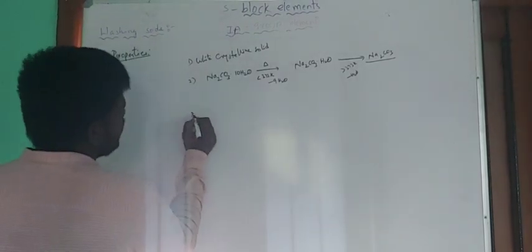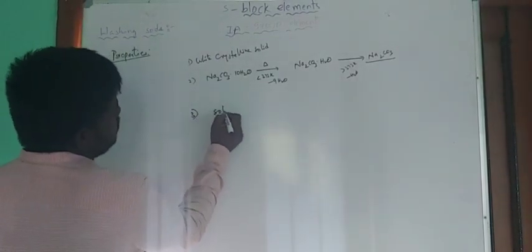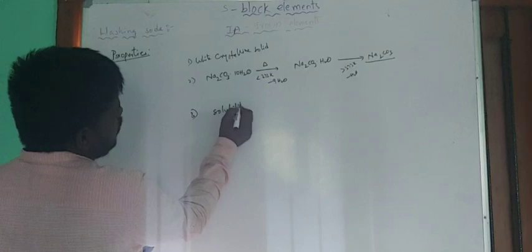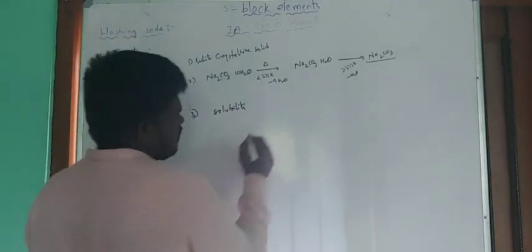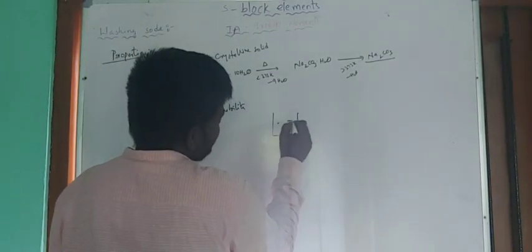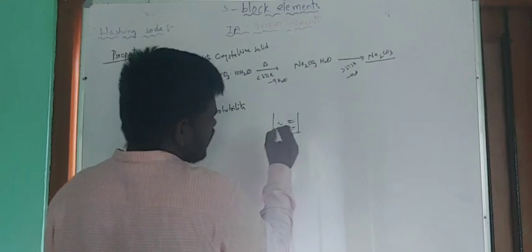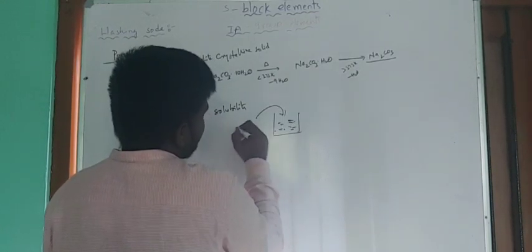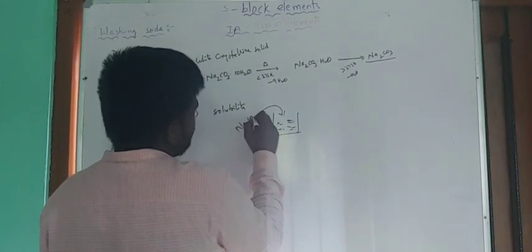Upon heating, washing soda undergoes dehydration. And the next one, solubility. So right guys, you take a water container, place water in it, and add Na2CO3.